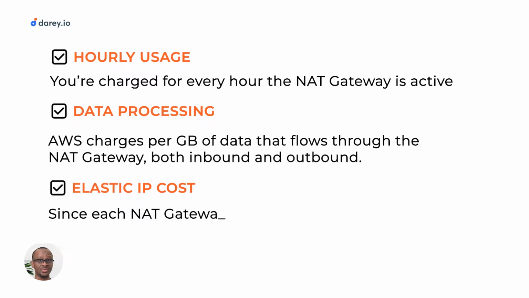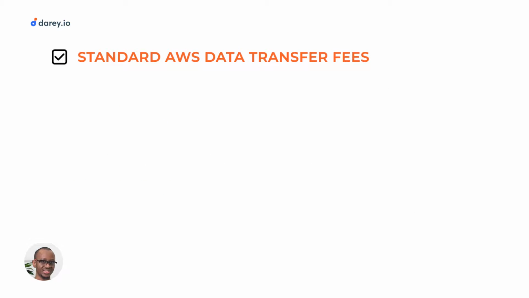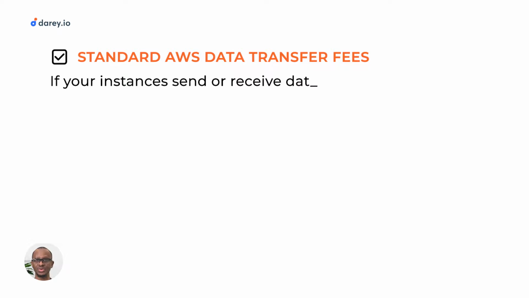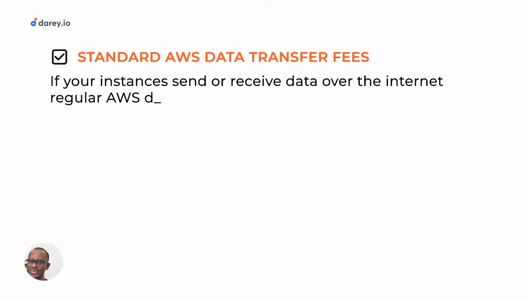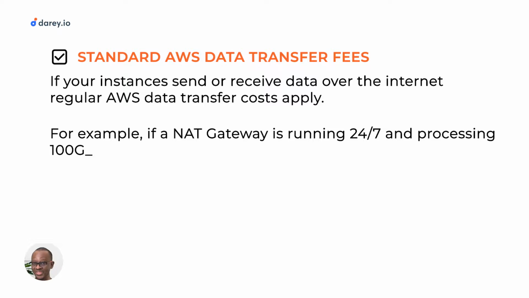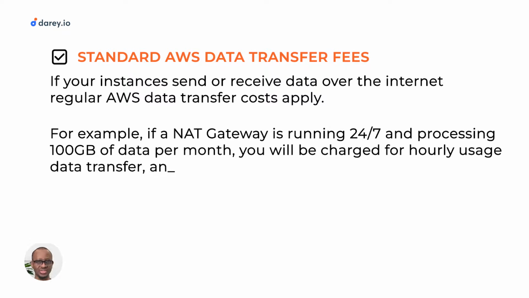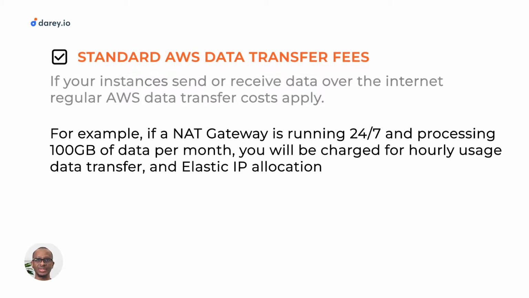Since each NAT gateway requires an elastic IP, any additional EIP charges may apply. Standard AWS data transfer fees. If your instances send or receive data over the internet, regular AWS data transfer costs apply. For example, if a NAT gateway is running 24/7 and processing 100 GB of data per month, you will be charged for hourly usage, data transfer, and elastic IP allocation.